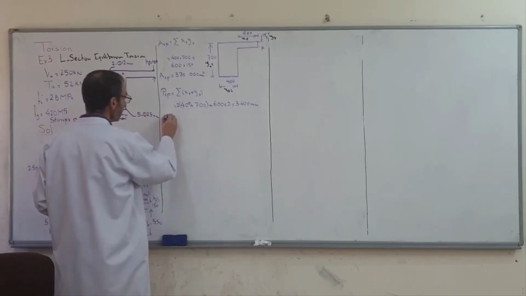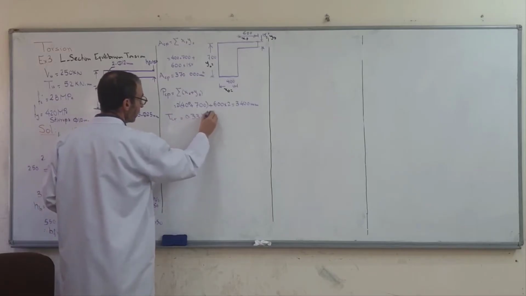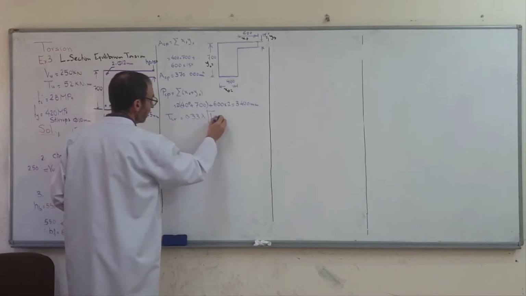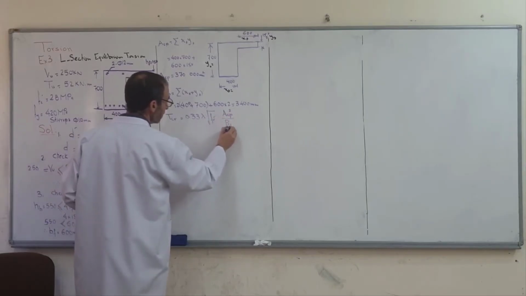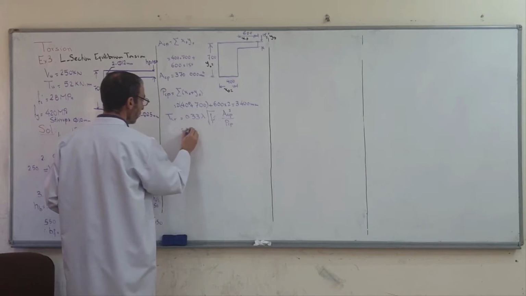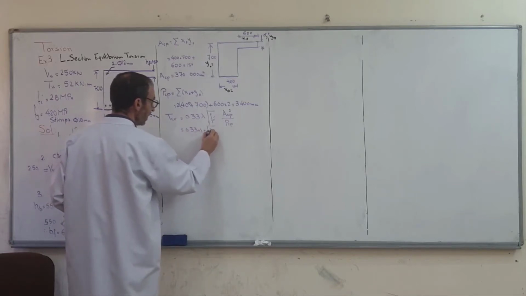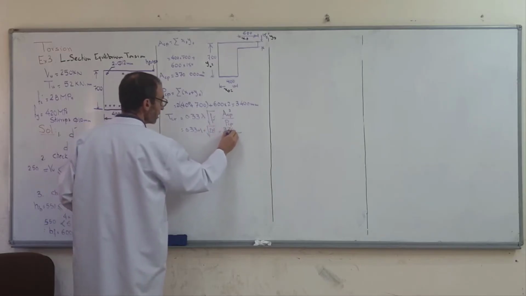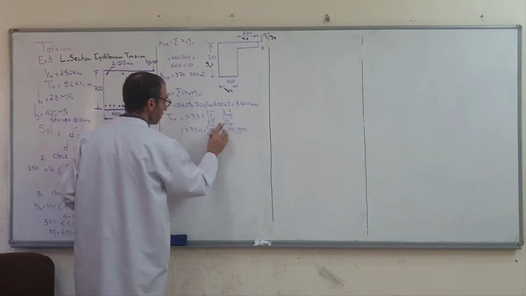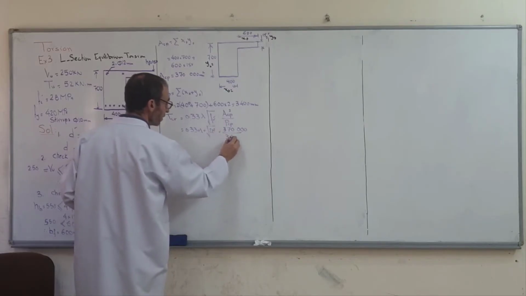Now I can use the cracking torque equation: 0.33 lambda square root of fc prime times Acp squared over Pcp. Substitute 0.33 times 1 times square root of 28 times 370,000 squared over 3400.